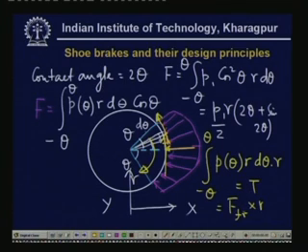So when we use this and substitute in place of P theta the value P1 cosine theta, it becomes twice sine theta. So twice r square sine theta divided by r. Therefore it is twice r P1 sine theta.